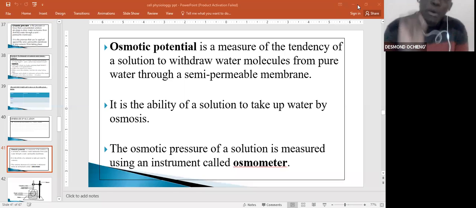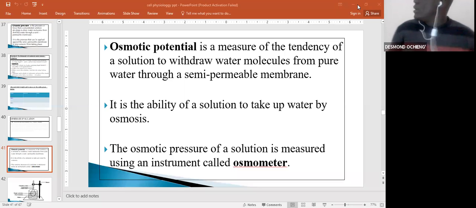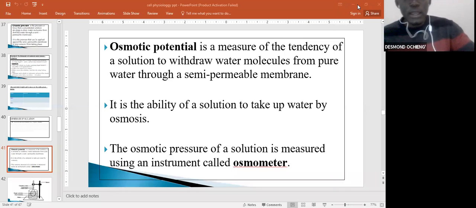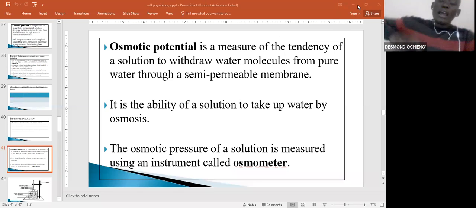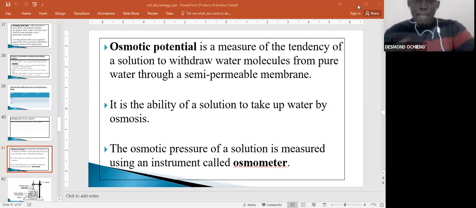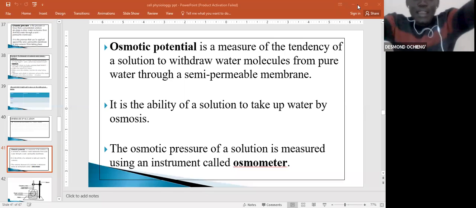So when talking about osmotic potential, here it is now being the ability of a solution to take up water by osmosis.